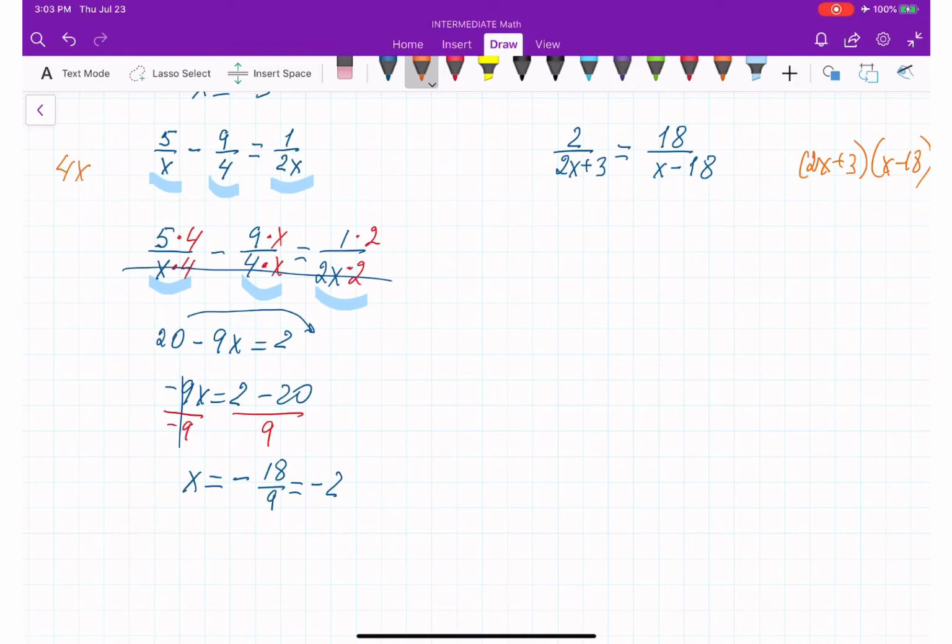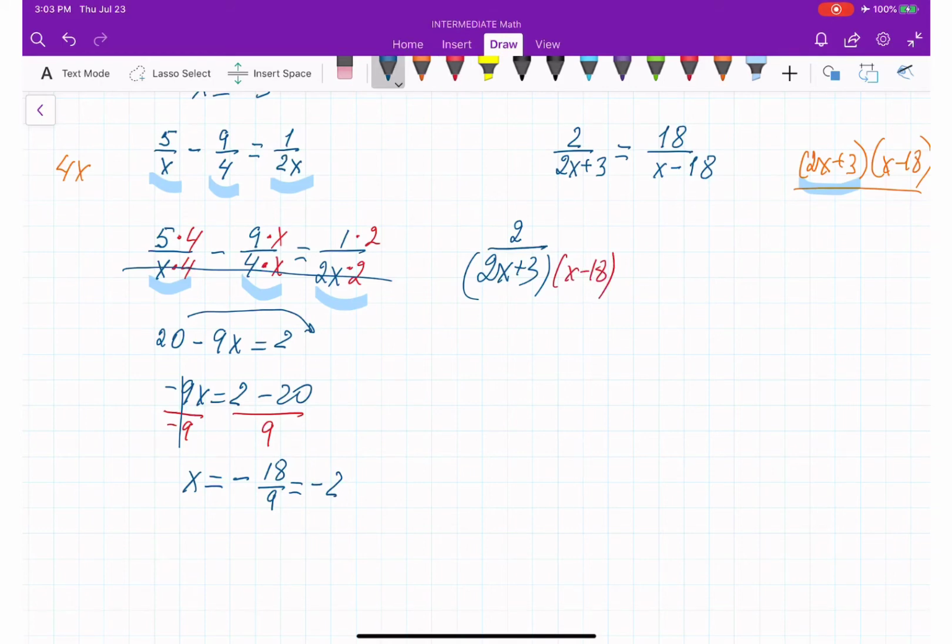All right, so let's bring this to the common denominator. What do we have? 2 over 2x plus 3. Okay, we have 2x plus 3, so we need to multiply by x minus 18.